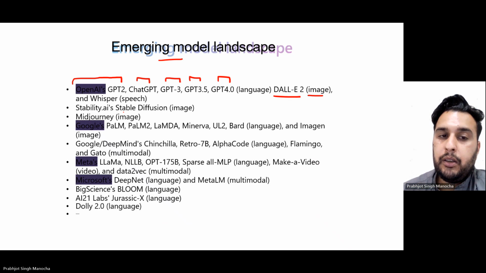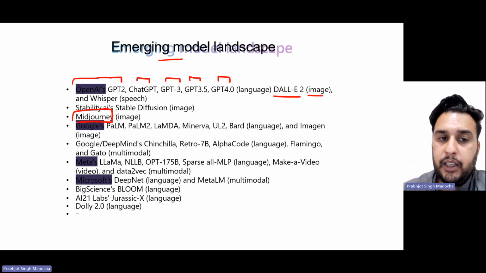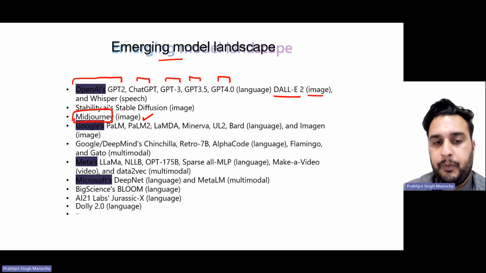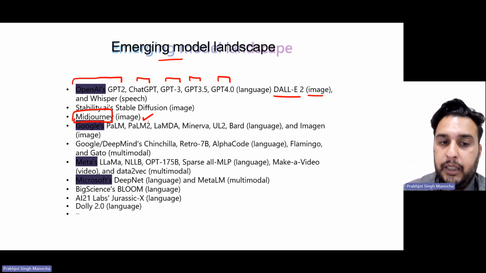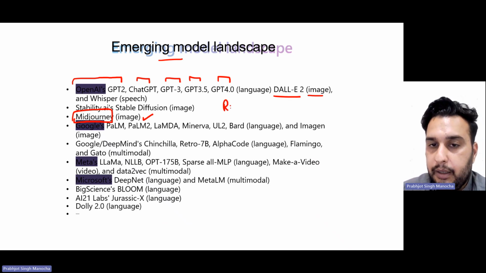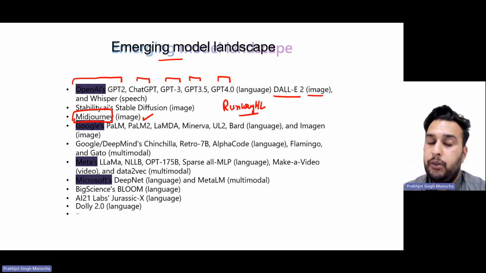And we have other software like Midjourney that has been used to generate images also. And more importantly, yes, we do have a few applications like Runway ML, right? Which has been used to generate videos also.